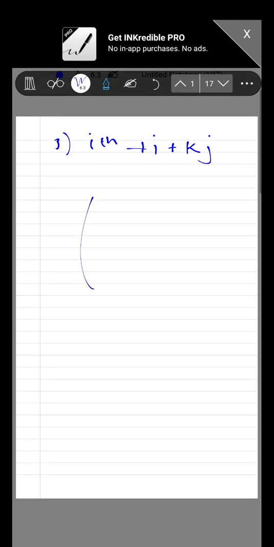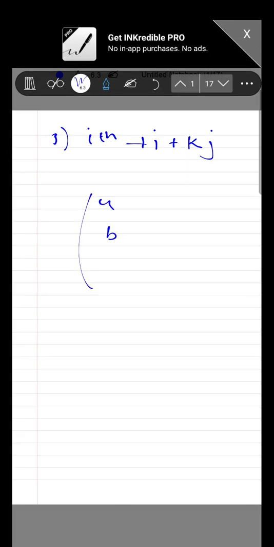That means if we have a matrix, say A, B, C, 1, 2, 3, alpha, beta, gamma, and P, Q, R. This is a matrix.